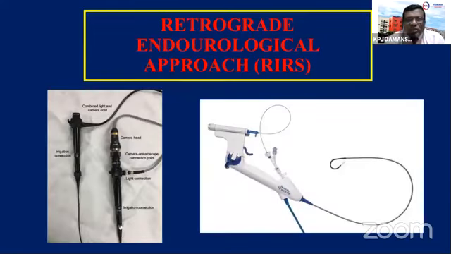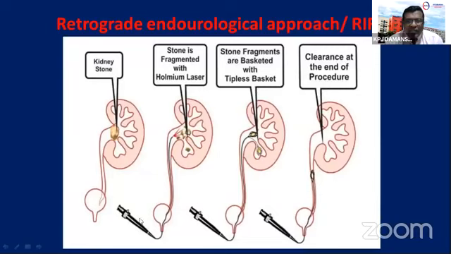The third approach is what's known as a retrograde endourological approach. Very big term, but very simple. We use different types of scopes. These are scopes with very, very small fibers, and we go through the urinary tract from below. That means the patient will be under anesthesia, either general anesthesia or spinal anesthesia.